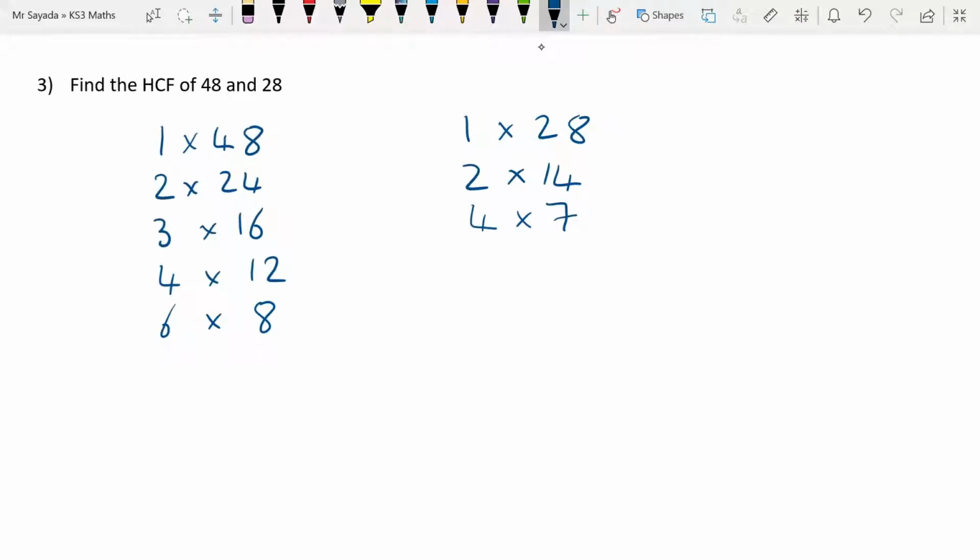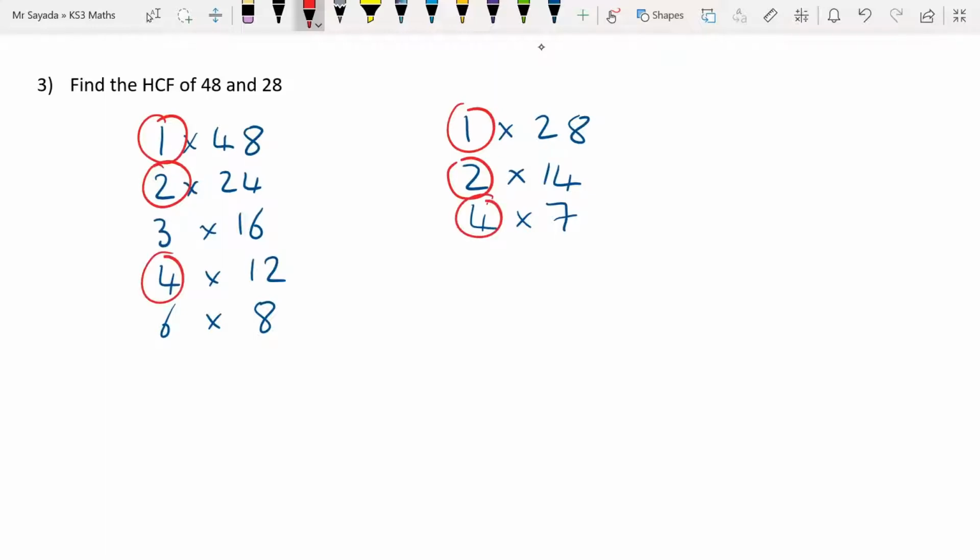Now, we're not just interested in the common factors because there are a few common factors. We're interested in the highest common factor. So we need to look for the highest number that they both have in their list. Firstly, I'm going to circle the common factors. They both have a factor of 1. They both have a factor of 2. They both have a factor of 4.